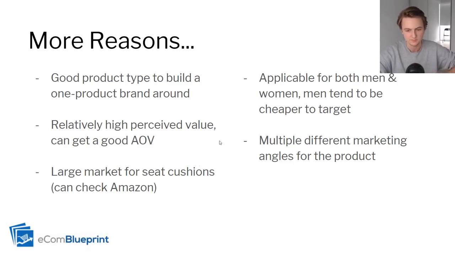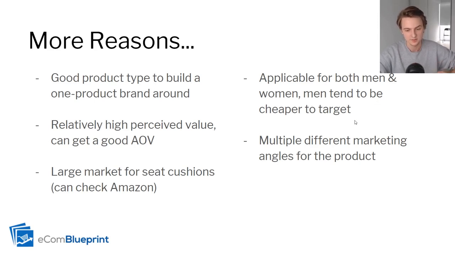It's a large market. Now I read that it's applicable for both men and women, and this is great because in my experience, most of the winning products for dropshipping tend to focus on women, right? And so men, they tend to be cheaper to target. If you have a product that's really good for men and women, then you can target both, and usually men will be cheaper to target. And this is the case.